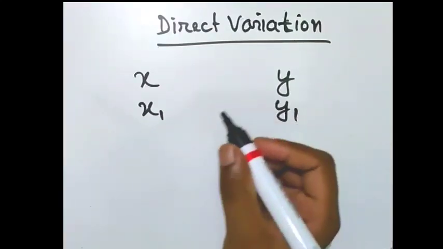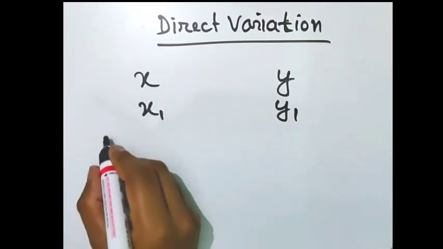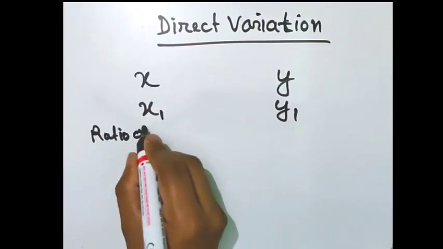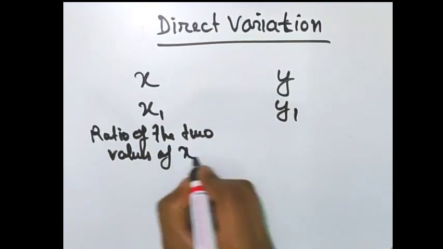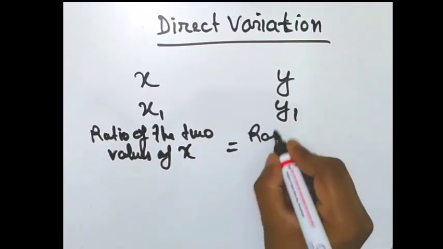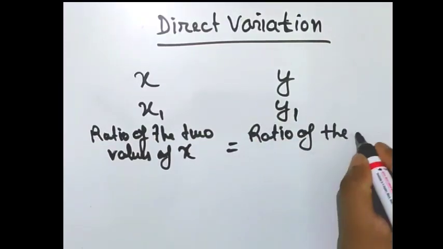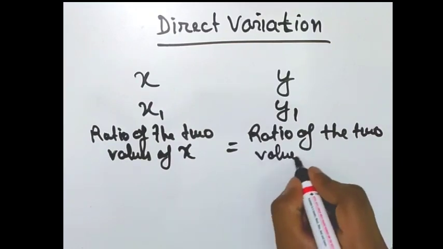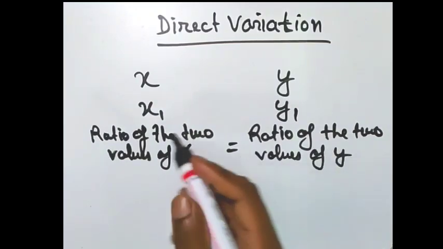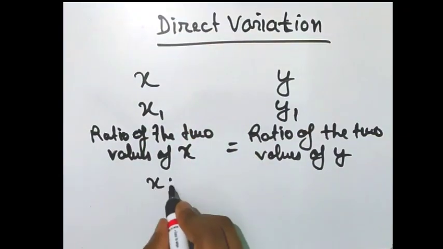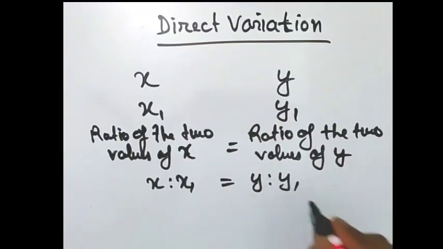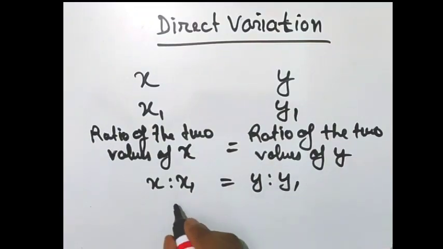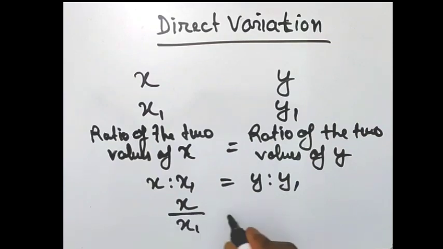So in direct variation, the ratio of the two values of x will be equal to the ratio of the two values of y. So what will be the ratio? x is to x1 will be equal to the ratio y is to y1, or we can say in fractional terms x by x1 is equal to y by y1.